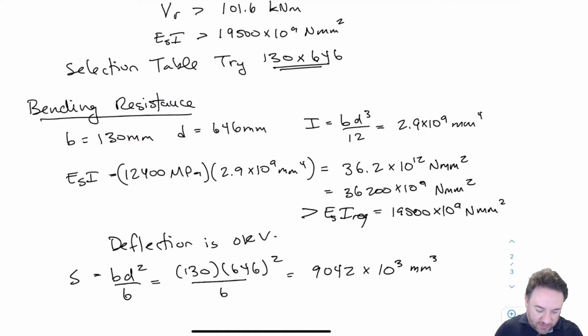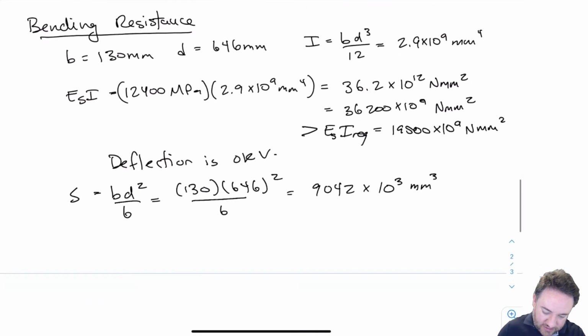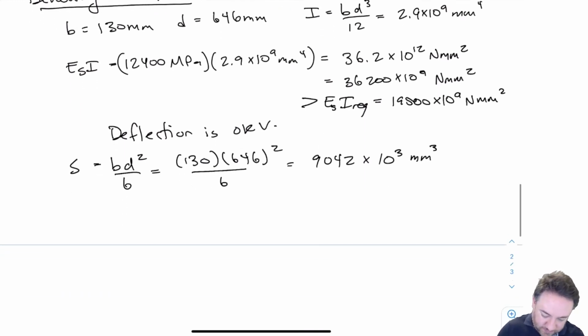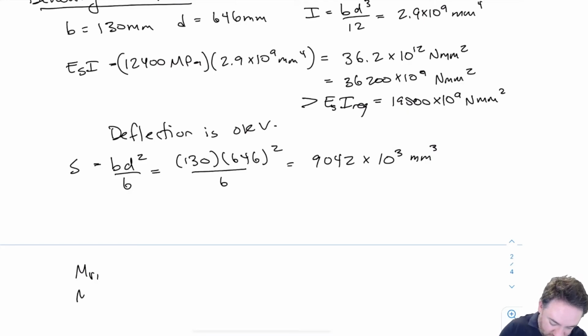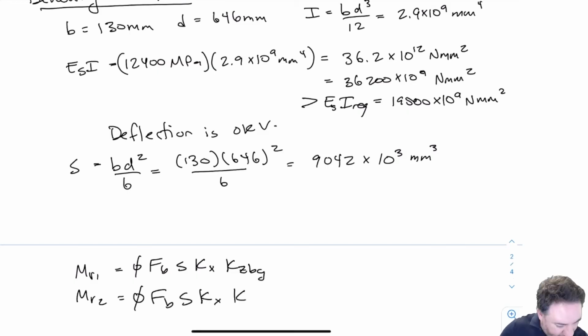Okay, so now we can start looking at our bending resistance. Recall our bending resistance for Glulam has two different criteria. We have MR1 and we have MR2, and they look like this. One check that uses the KZbg, and one check that uses the KL.